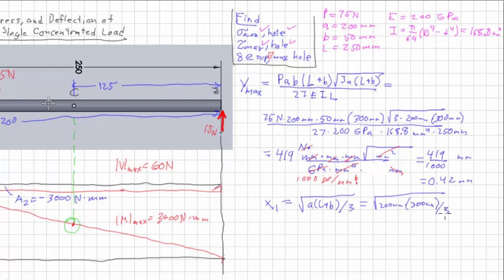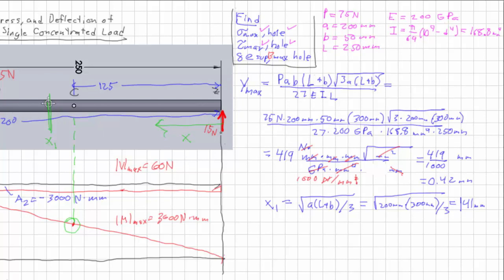All of that divided by 3, and that's at 141 millimeters. And that's from this right-hand side here. Like I said, the chart I was using kind of goes more from right to left. So at 141 millimeters, somewhere, say, around here is x1. Okay, so we found the deflection and the location of that deflection as at the maximum.